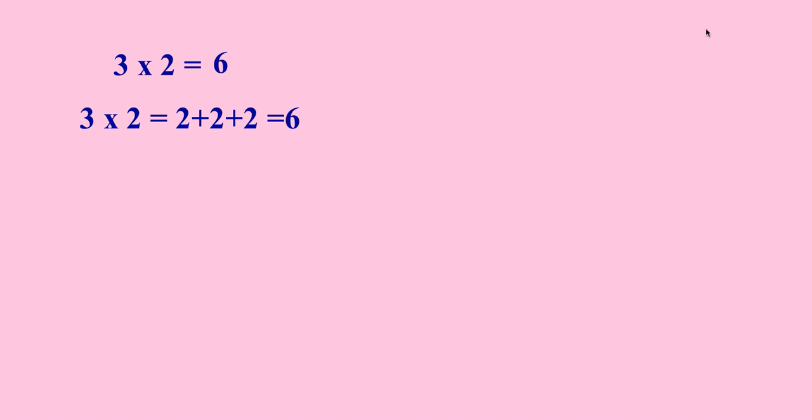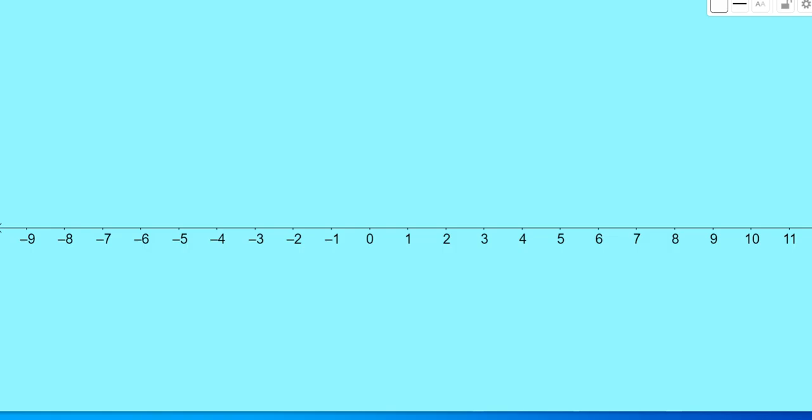Now let me multiply 3 into negative 2. 3 into negative 2 means negative 2 plus negative 2 plus negative 2, that is negative 2 three times. With the help of number line we can add this. Let us add negative 2 three times. This is one negative 2.